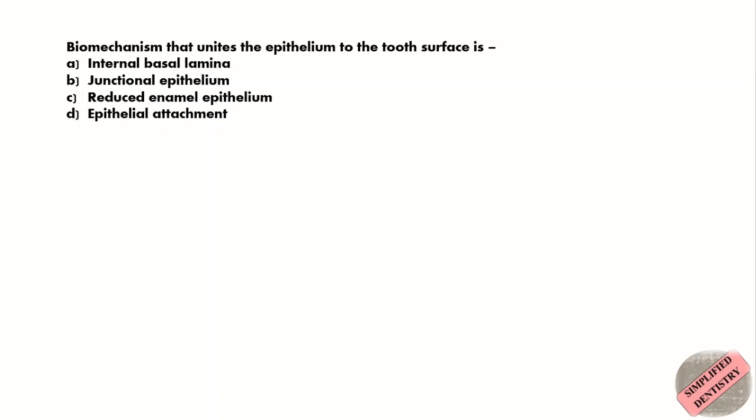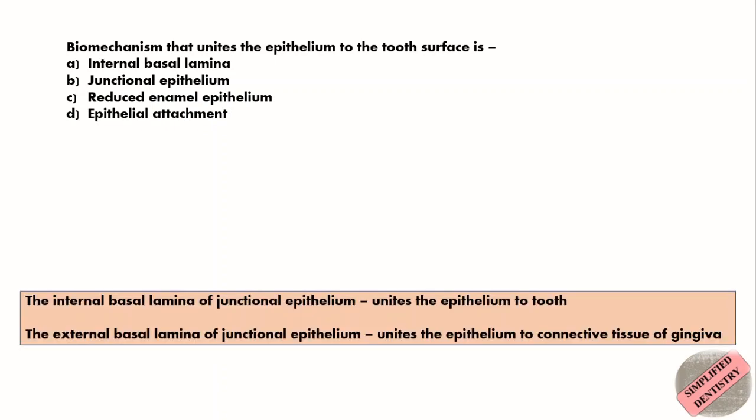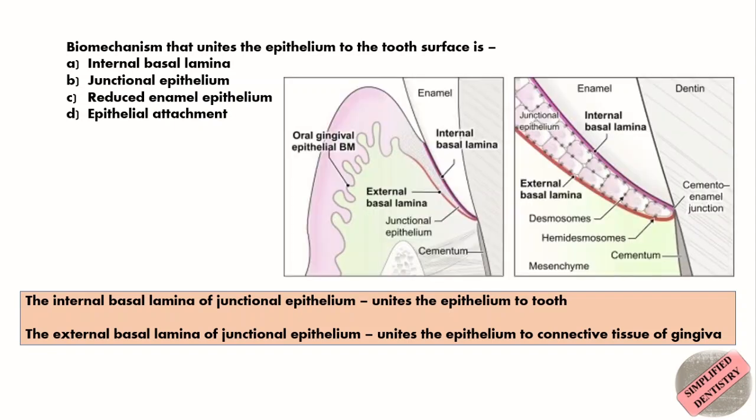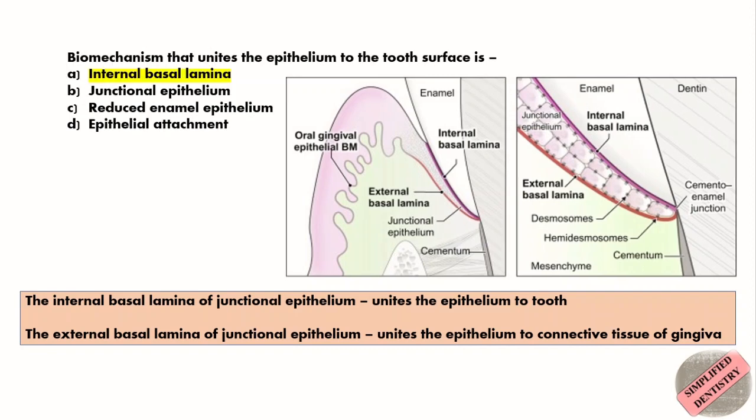So the internal basal lamina of the junctional epithelium unites the epithelium to the tooth, whereas the external basal lamina of the junctional epithelium unites the epithelium to the connective tissue of gingiva. So the answer will be A, that is internal basal lamina. So it is the internal basal lamina that unites the epithelium to the tooth surface.